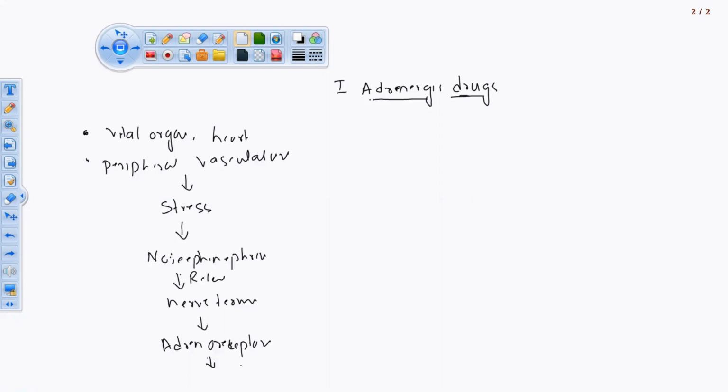When touch and sensation take place, norepinephrine will be released from the nerve terminal and activate the adrenoreceptor, on the postsynaptic site.